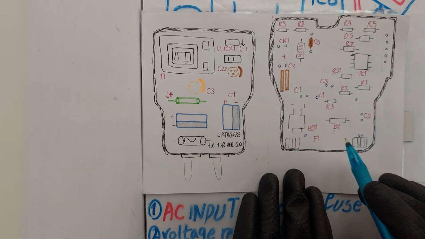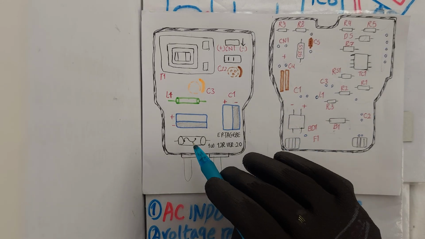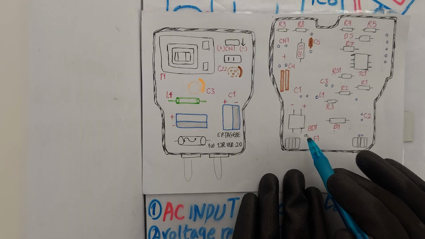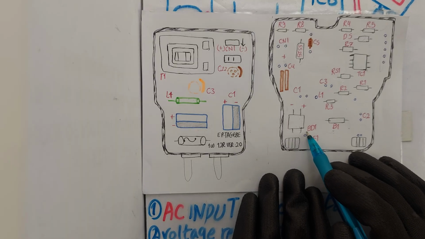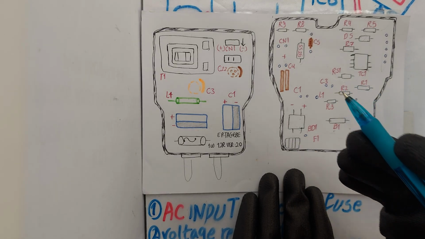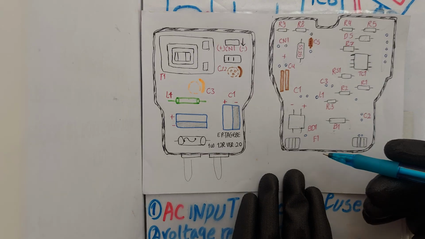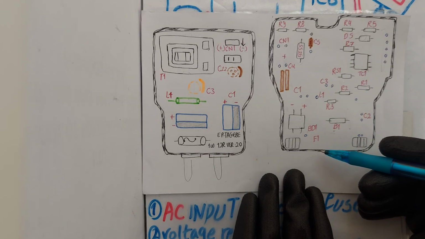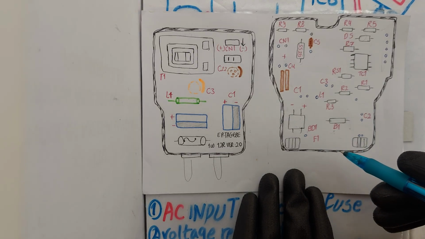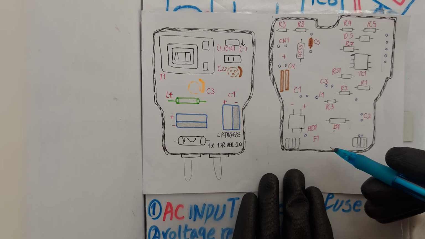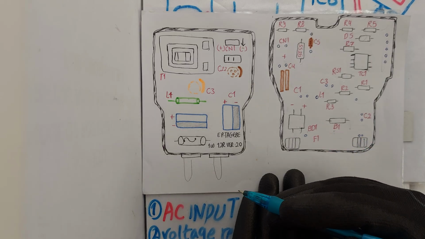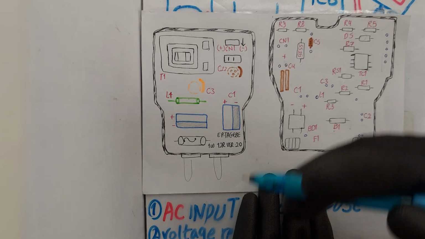The second step, voltage rectification. Bridge rectifiers, right here. After the fuse, a bridge rectifier BD1 with 4 rectifier diodes converts the input alternating current AC to direct current DC. Simply put, the bridge rectifier uses diodes to allow current flow in one direction, converting AC to DC.